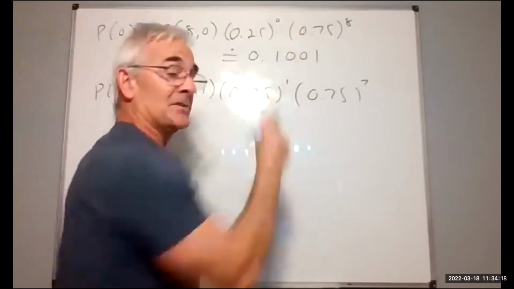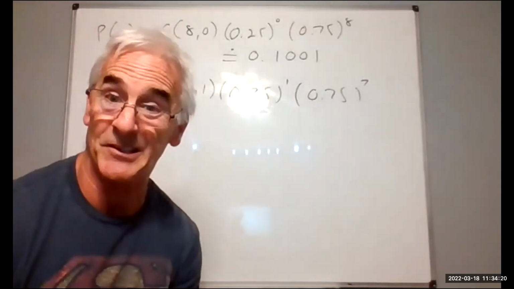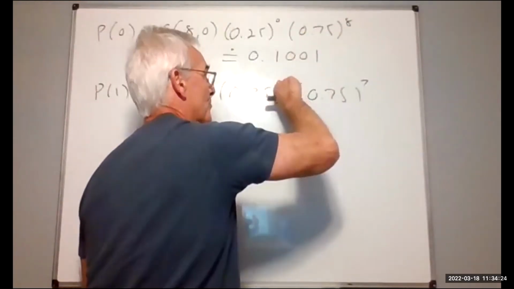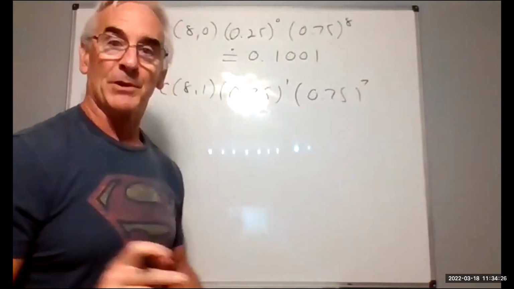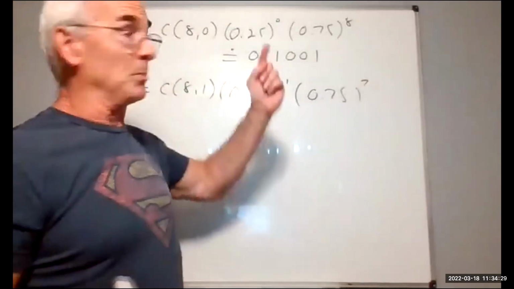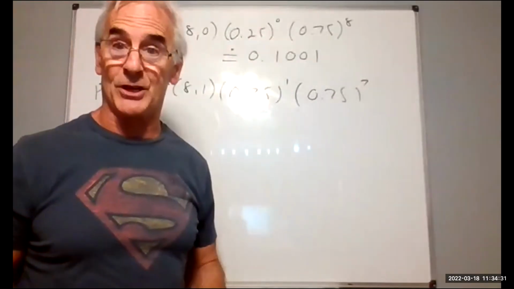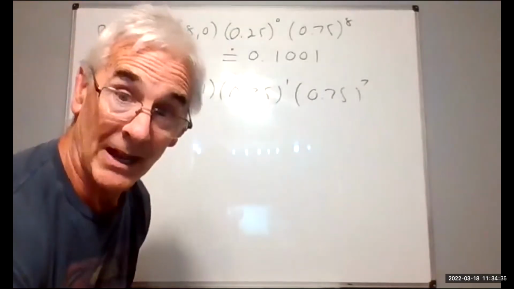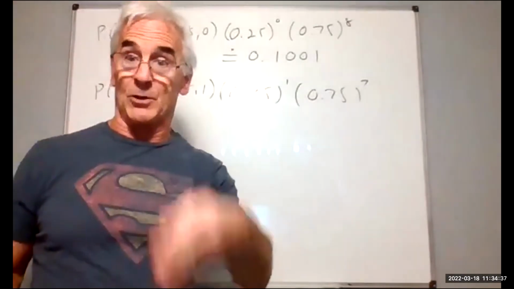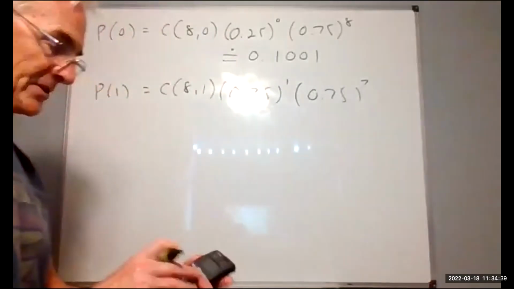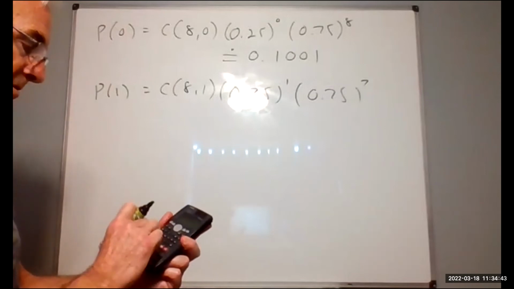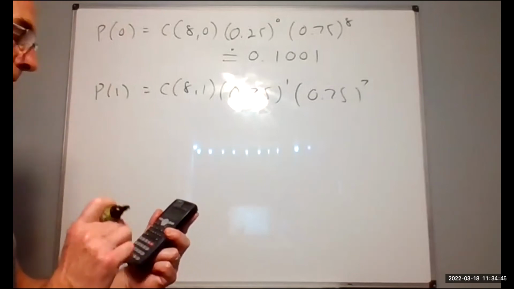Okay, this is critical, folks. This is the easiest part, but the most important part. 0 right means 8 wrong. 1 right means 7 wrong. But the probability of success and failure is still 0.25 and 0.75. That didn't change. I'm still 8 choices, right? All I'm doing is upping from 0 to 1 to 2 to 3 and following. So this one here would be 8 times 0.25 times 0.75 raised to the 7th.